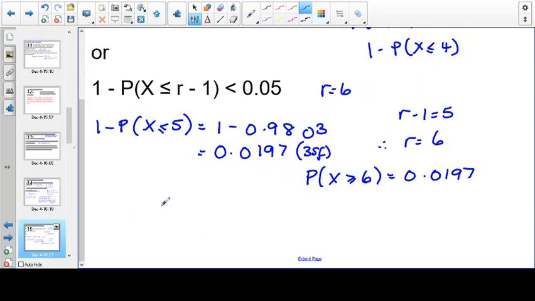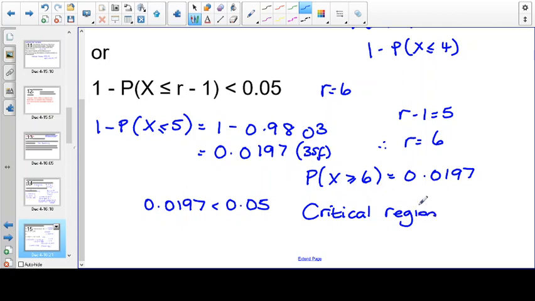Because 0.0197 is less than my significance level, I can say that the critical region is X is greater than or equal to 6.